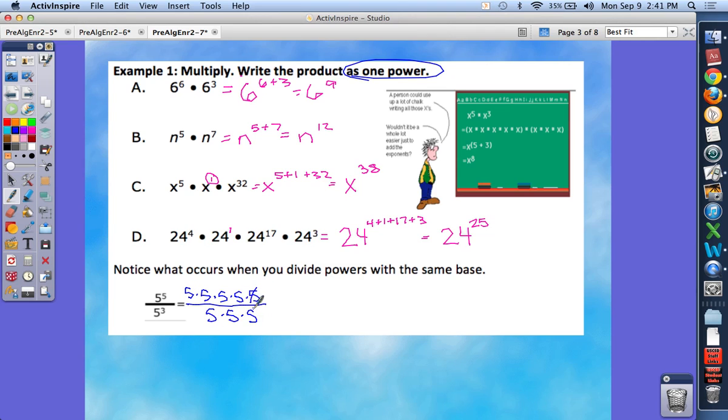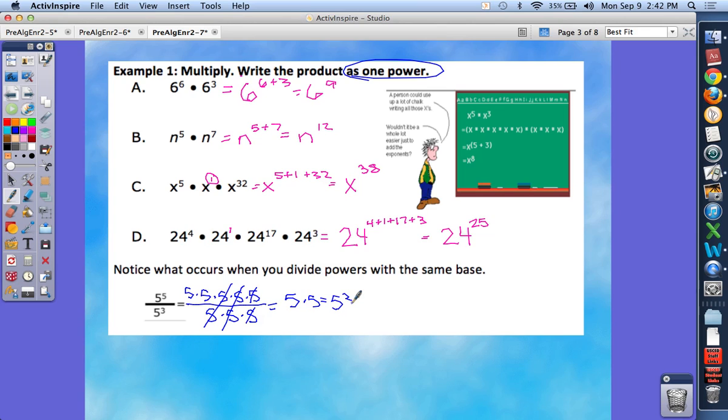The 5 in the numerator would cancel this 5 in the denominator. Same with these two. They would cancel each other because I'd be multiplying by 5 and then dividing by 5. Cancel out everything that you have in both the numerator and the denominator. I can't cancel anymore because I'm out of them in the denominator. So I'm left with just 5 times 5, which is 5 squared.